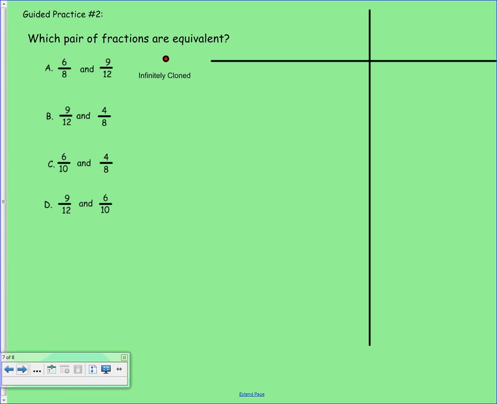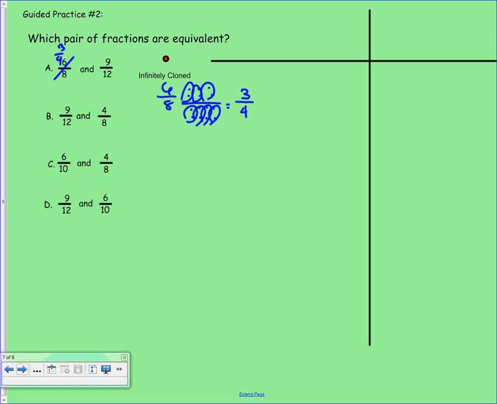Honestly, I think the best way to do this is to simplify both, since this is a simplifying video. So let's take 6/8: 1, 2, 3, 4, 5, 6. 1, 2, 3, 4, 5, 6, 7, 8. Let's simplify that. Groups of 2. Okay, so 6/8 is 3/4.